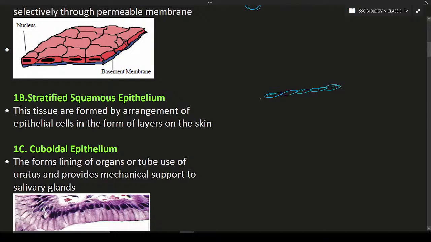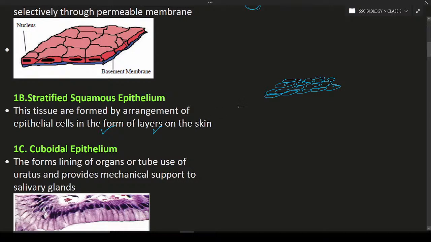This is one layer, above it is another layer, and so on. You can see the layers one above the other. Such a layer arrangement of epithelial tissue on the skin is known as stratified squamous epithelium.